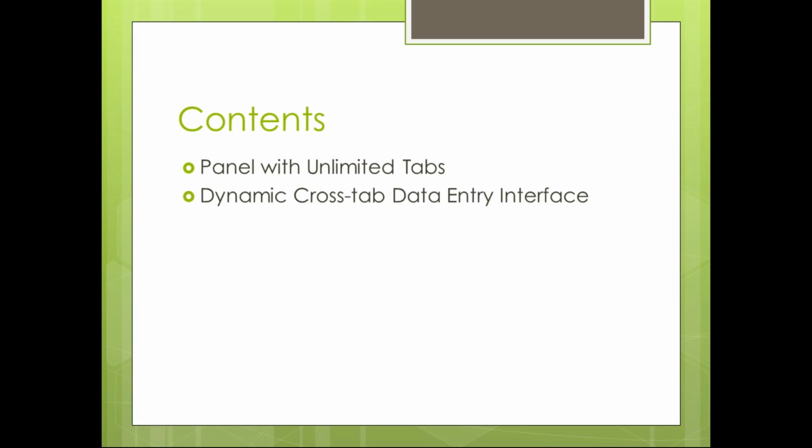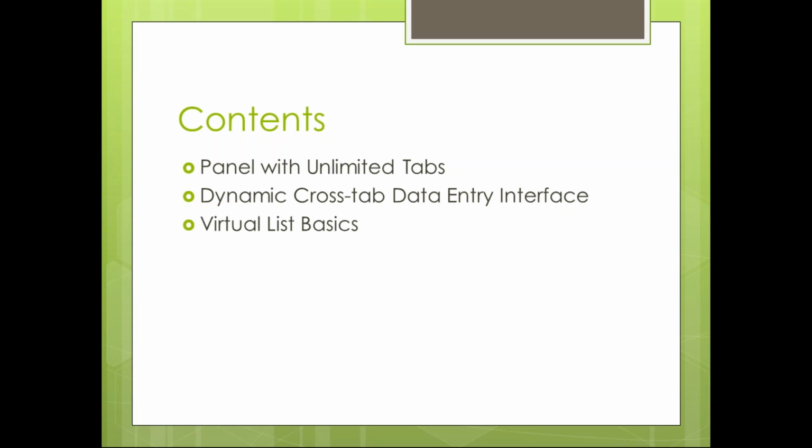We actually just saw a little sneak peek on screen of the ability to have a cross-tab data entry interface where the user may need to add additional columns or additional rows. I've come up with a way to do that in a portal that I think is at least interesting. I was going to go over some virtual list basics.